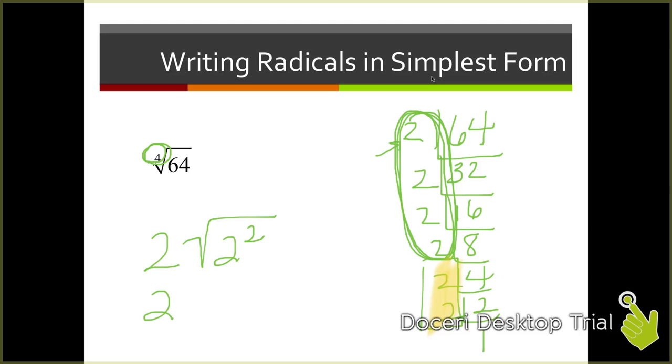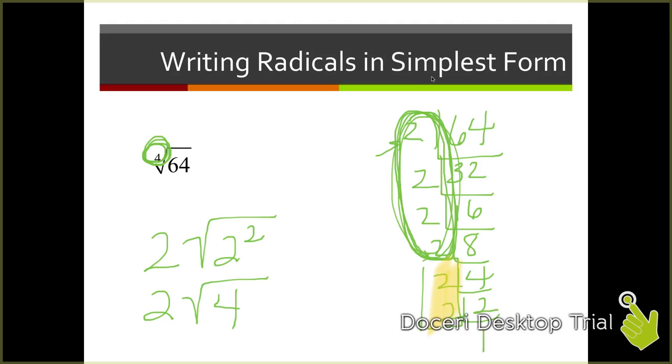So the 2 as a factor, because I can group it as 4, comes outside, and I would be left with 4 on the inside. How many you need in the group is determined by what your index is on the root.